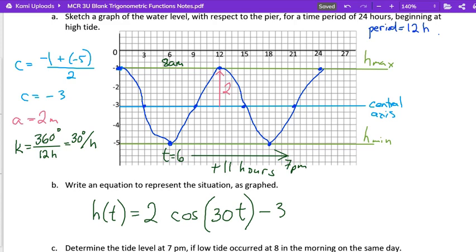So you can't say, oh, 7 p.m., that's going to be 7 on the time axis. You actually have to see how much time has gone by since low tide.